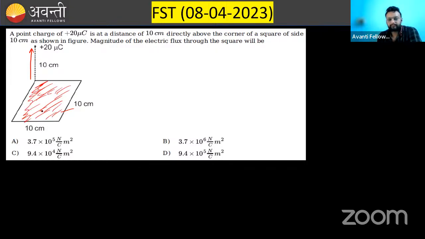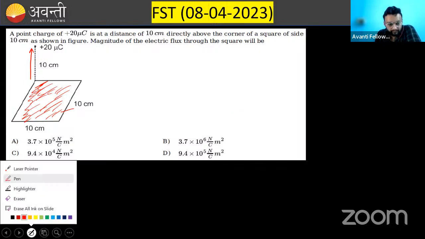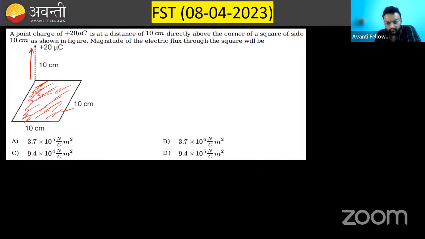Now listen to me very carefully. This is a square sheet, and this will become a cube.